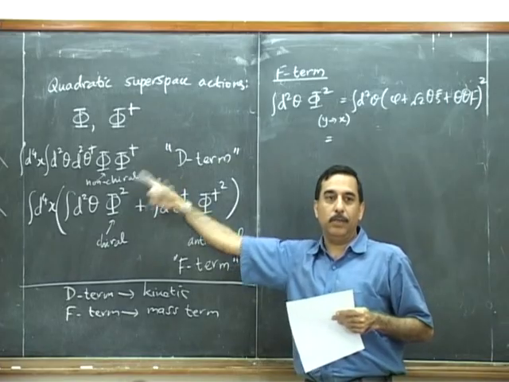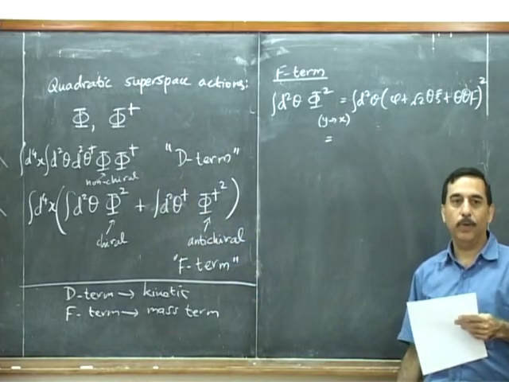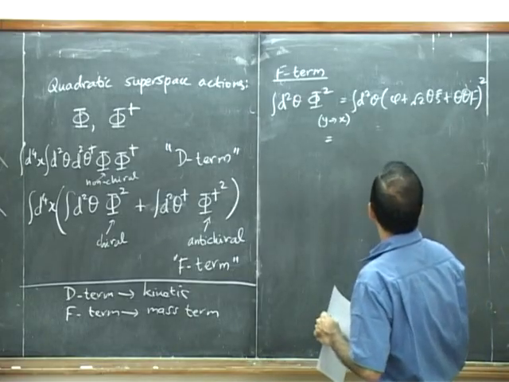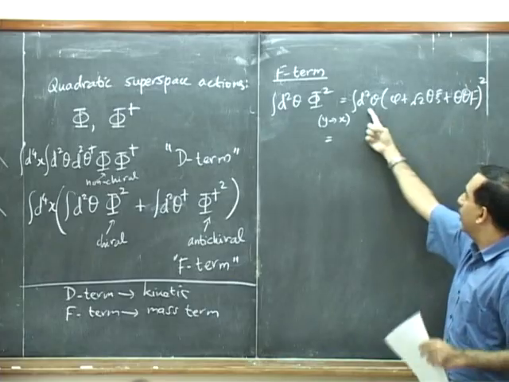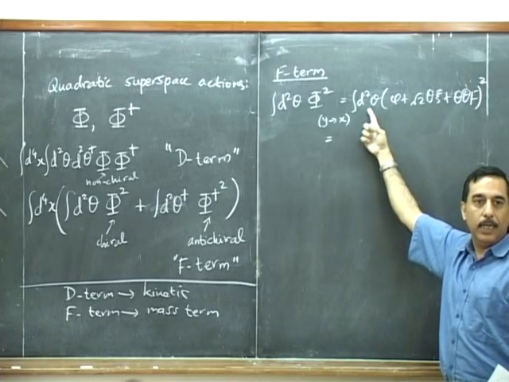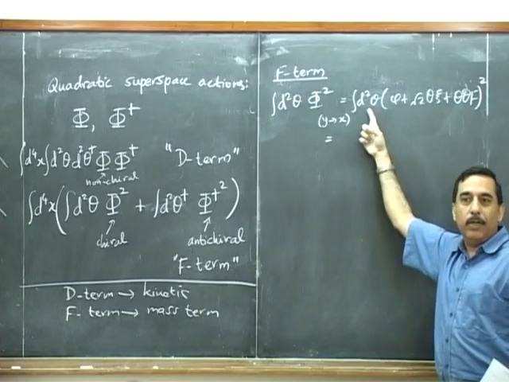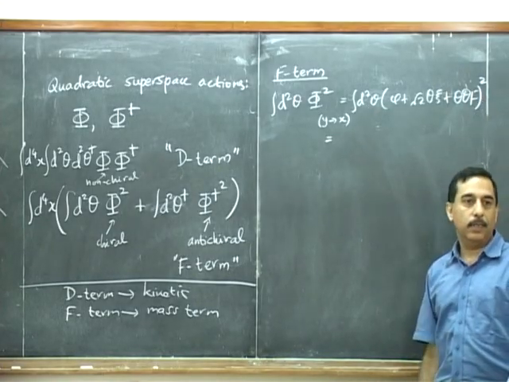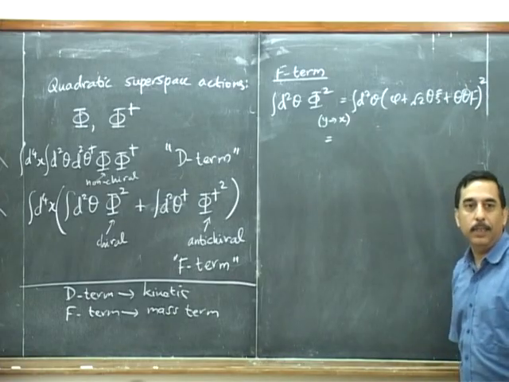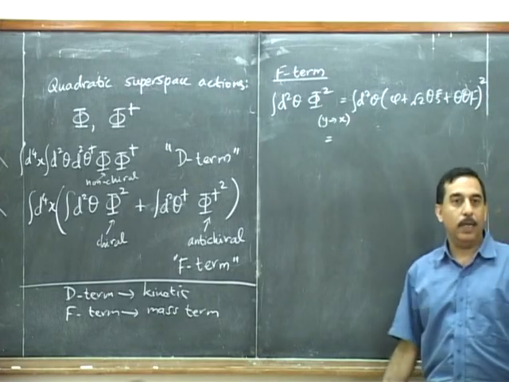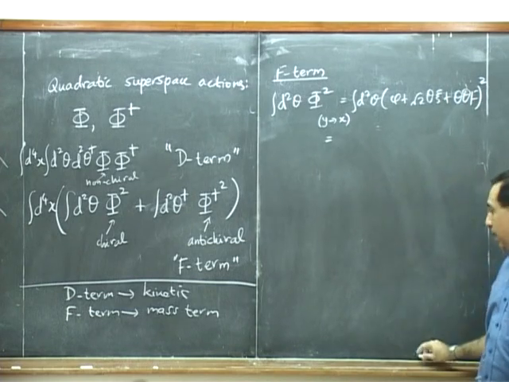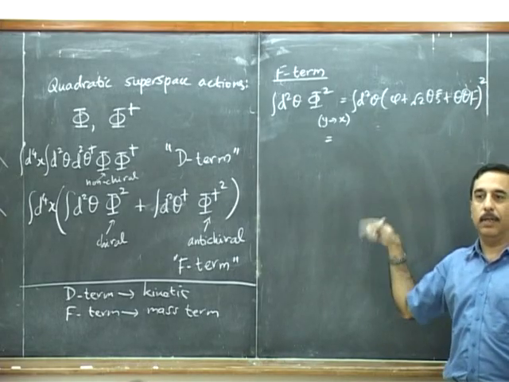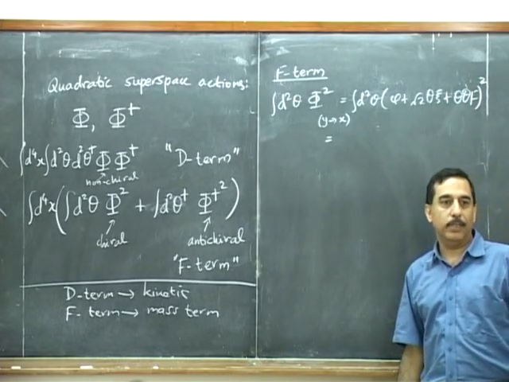In D terms, there will be a dependence on y and y dagger, and we can't possibly shift both of them away because they are opposite of each other. Okay. The next thing we notice is that when we expand this, its final goal is to be integrated in d2 theta. That will be non-zero only if I keep the term quadratic in theta. I can't keep any term higher than quadratic in theta because those will be 0, and I can't keep any term lower than quadratic in theta because then one of these integrals will not have a theta there, and I'll have to use the integral d theta of 1 equals 0, and that term will be 0.